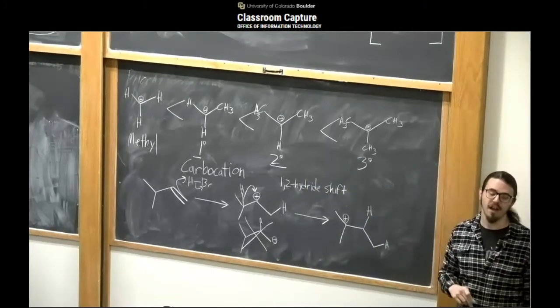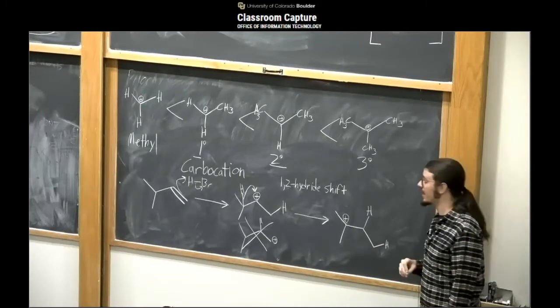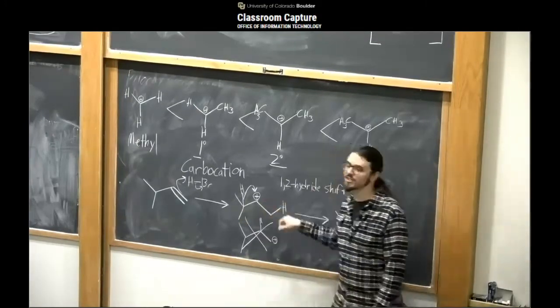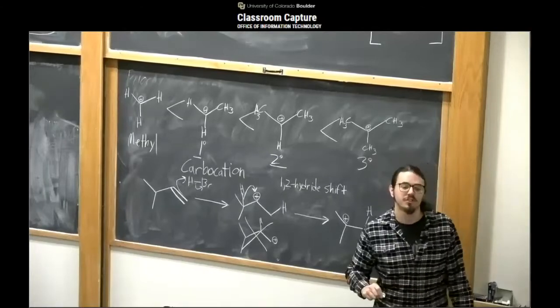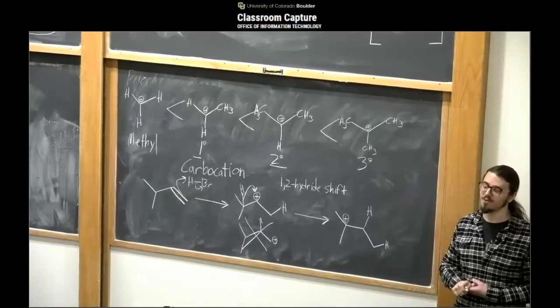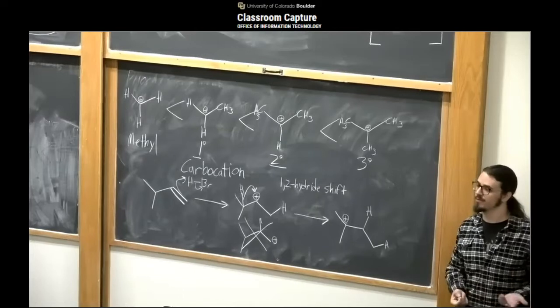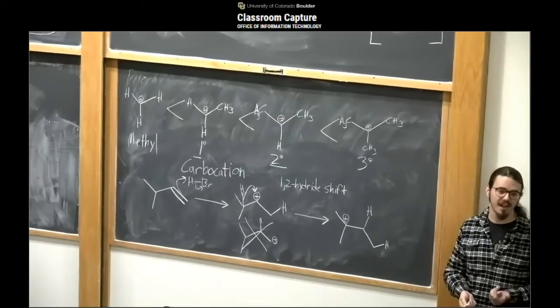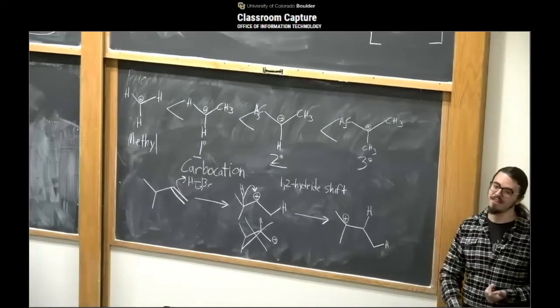So now, after having gone through the secondary carbocation, the molecule rearranges through a 1,2 hydride shift to generate a tertiary carbocation, which is an energetically favorable reaction because the tertiary carbocation is going to be lower in energy than the secondary.